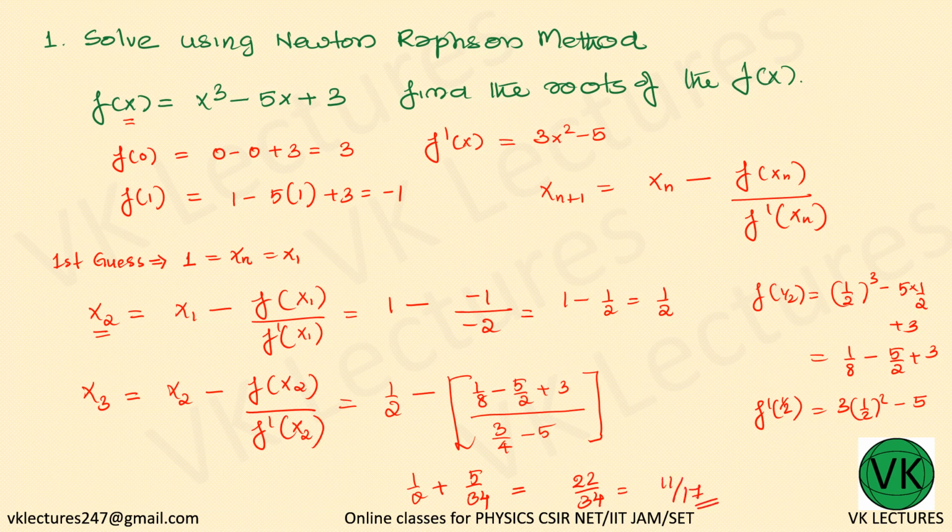So this is the approximate value of x, such that f of x, this is roots, means this f of x should be equated to 0. When you substitute the value of x given here, you will get more near to 0. The next time if you find out x4, it will be giving you a value even closer to 0.